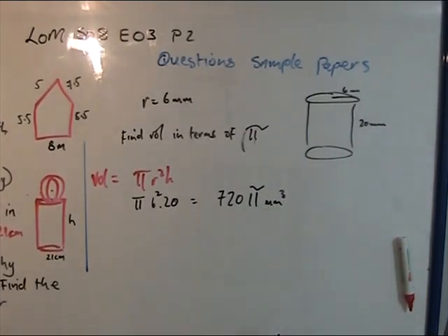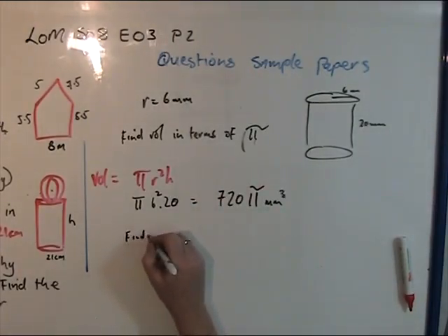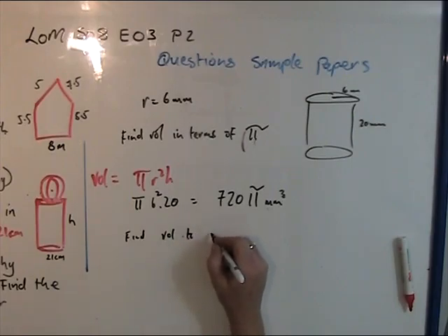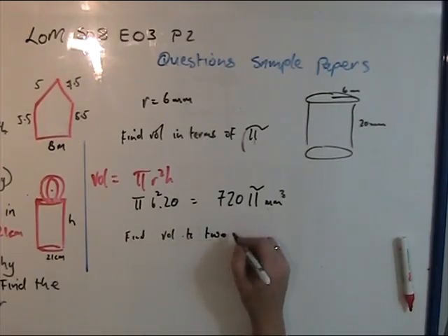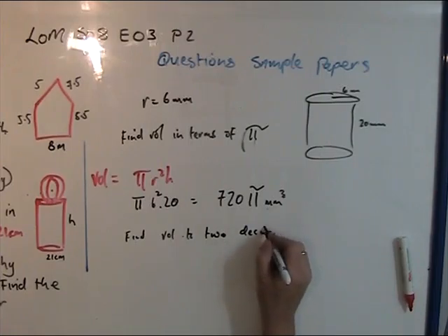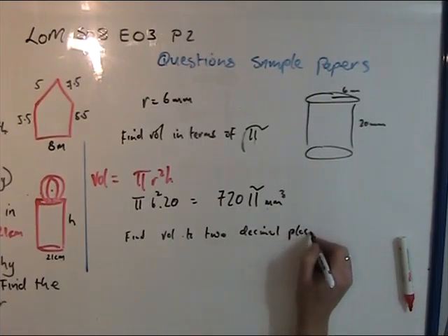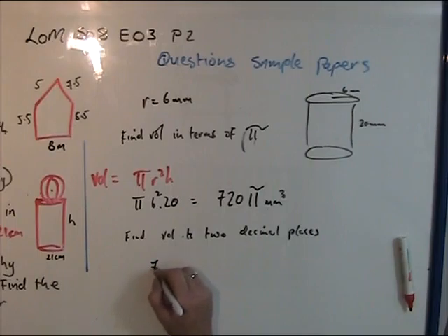Now it says find the volume correct to 2 decimal places. So you have to change pi to 3.14, so it becomes 720 multiplied by pi.